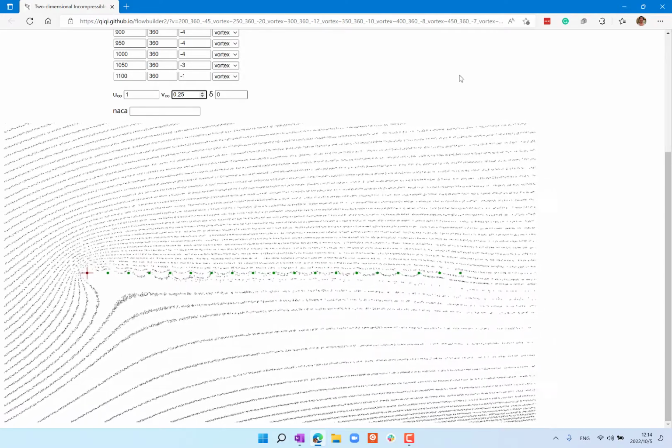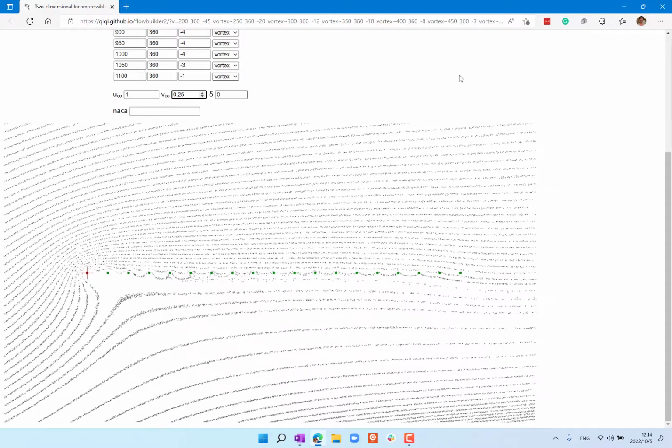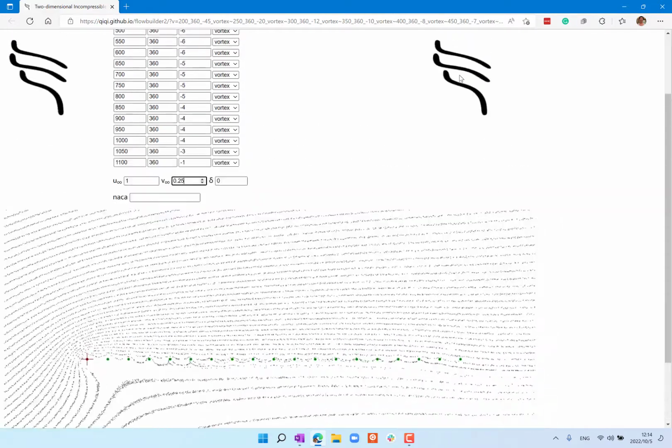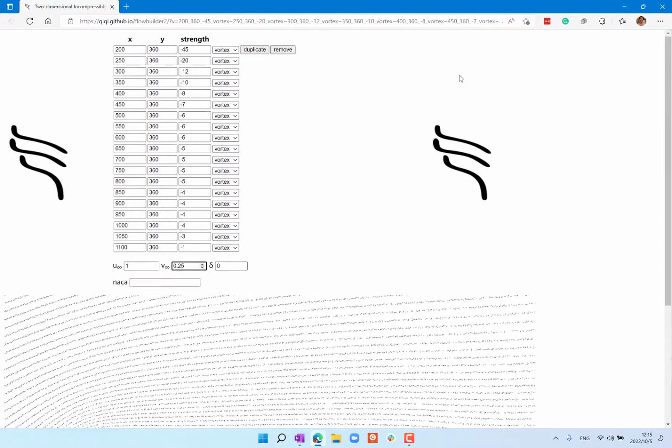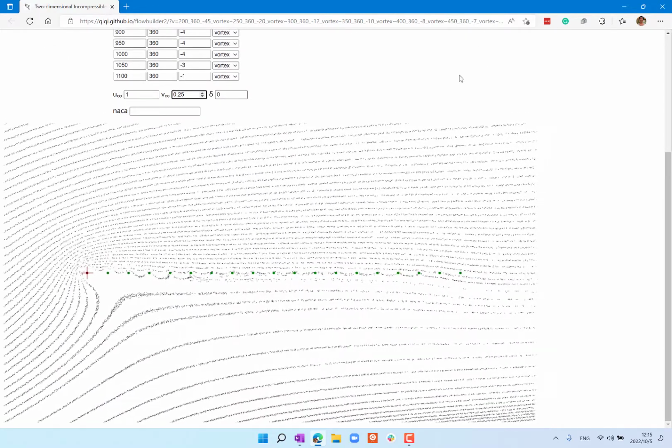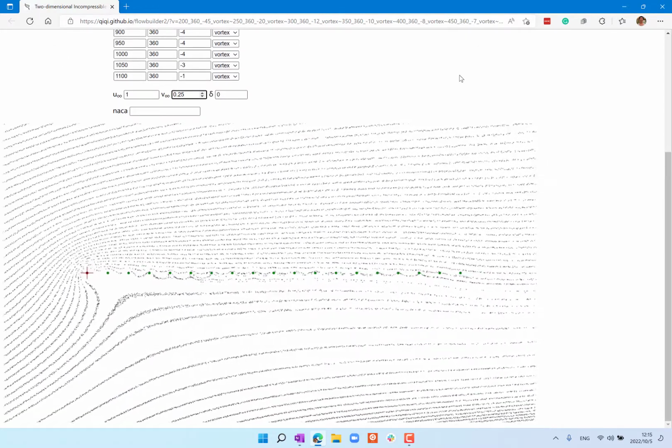Just imagine what you would have to do if you wanted to rotate the model. You would have to do sines and cosines and change the x and y of all these vortices. So that's why, in a calculation, the more common thing to do is to change the free stream rather than changing the model. Okay.